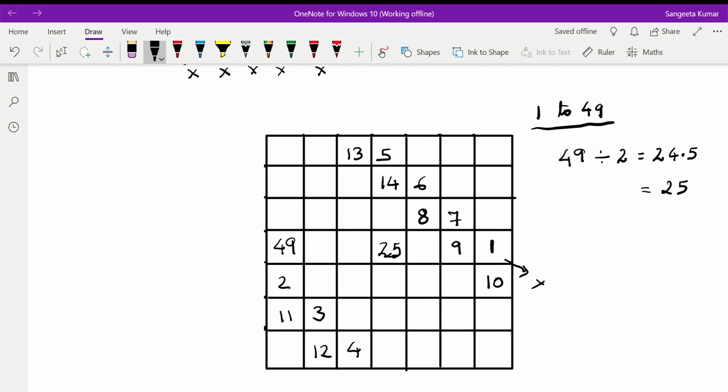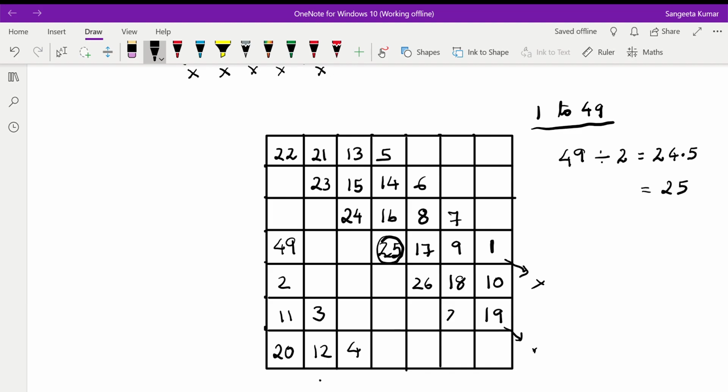Already filled, so 15, 16, 17, 18, 19, 20. This cannot be filled. So we move on to the opposite. 20. This cannot be filled. 21. This cannot be filled. 22, 23, 24. See, 25 has come here.